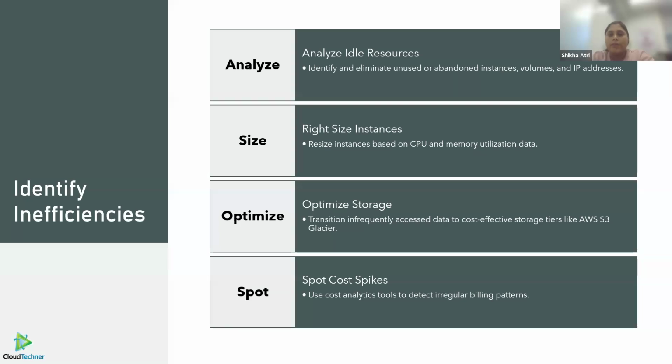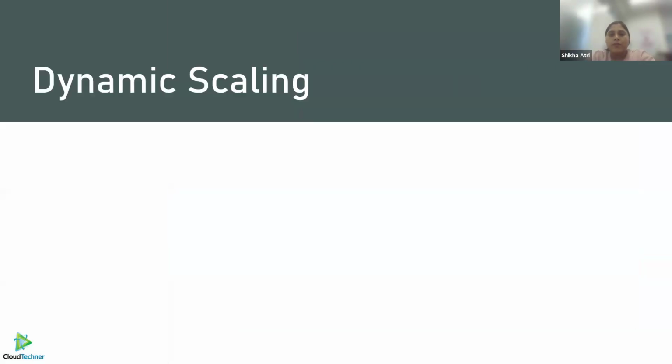These tools can help identify unexpected spikes in cost so that you can investigate and resolve them promptly. Once we address inefficiencies like these, the next step is to focus on dynamically scaling resources to manage the fluctuating workloads effectively. So let's explore them.